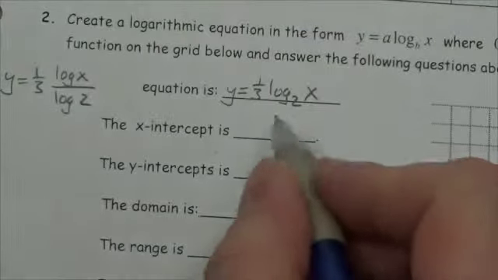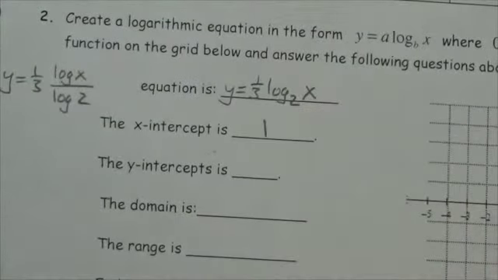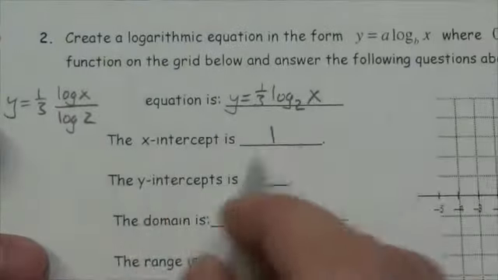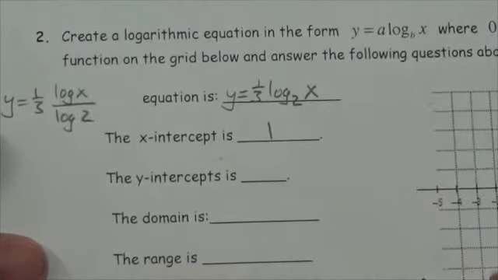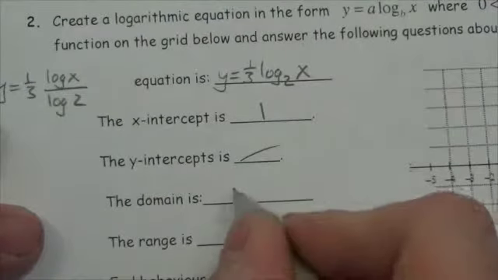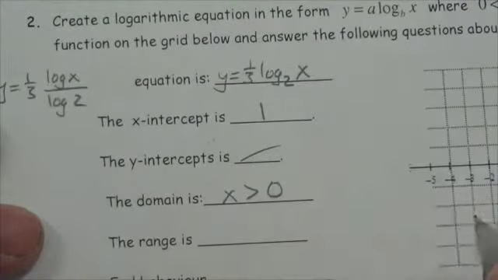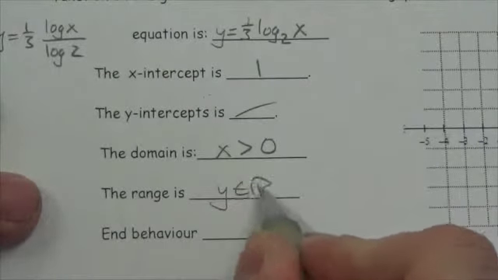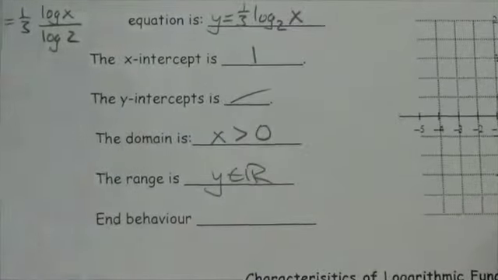Anyway, the x-intercept is 1. That seems to be an overall pattern, unless it gets moved up or down. That really does seem to be the x-intercept of every single one of these. Y-intercept, it doesn't have one. It doesn't touch the y-axis. The domain, as I can see over there again, is going to be greater than 0, and the range will be all reals. Okay, end behavior.